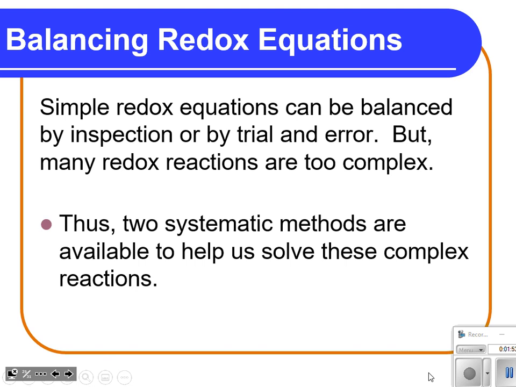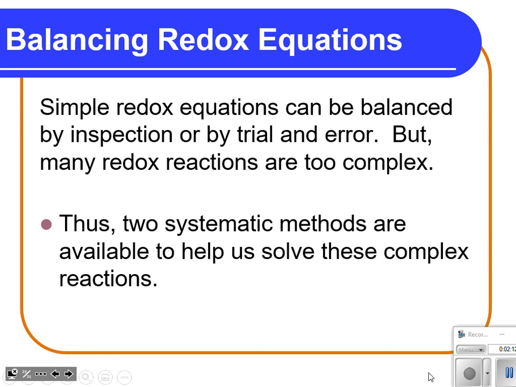Simple redox equations can be balanced by inspection or by trial and error. The way that we've been balancing equations is we've just been looking at numbers, popping them in. If it didn't work, we'd have to erase them and go back and do it again.